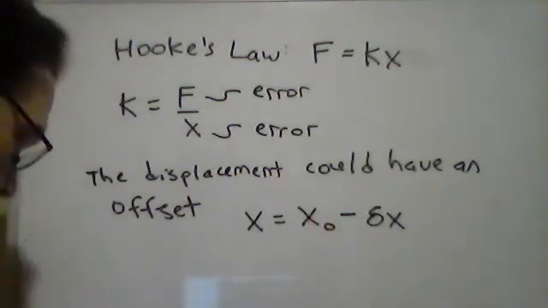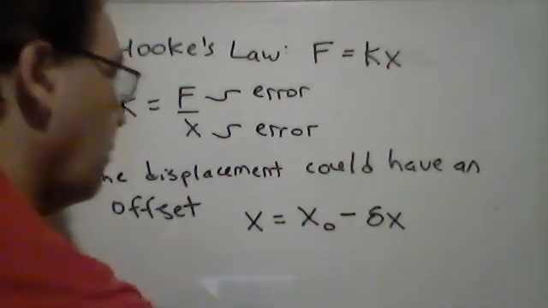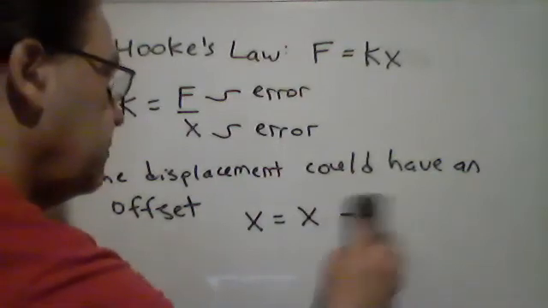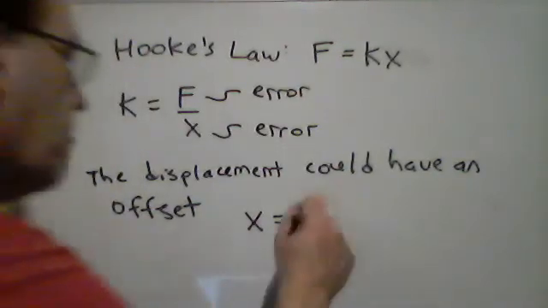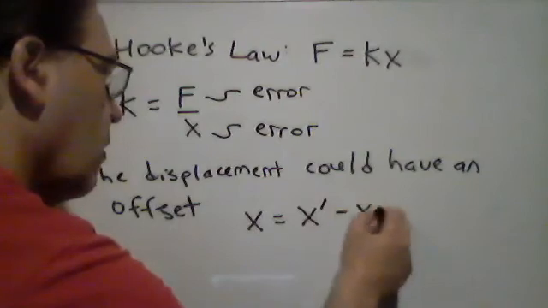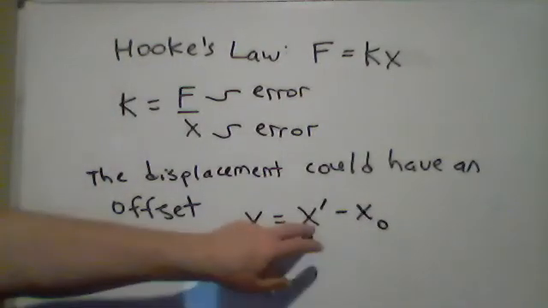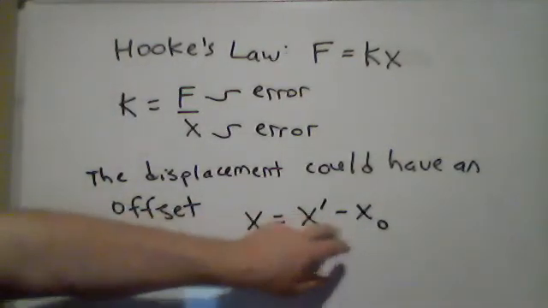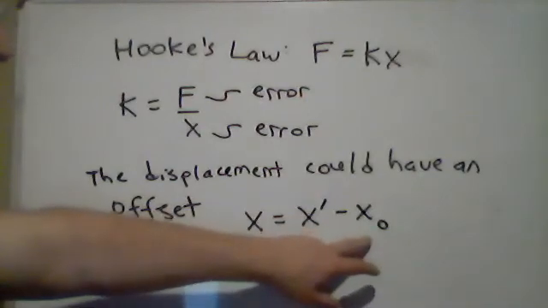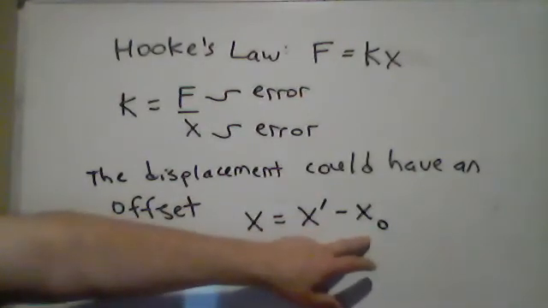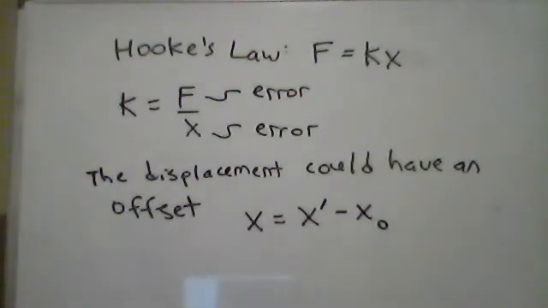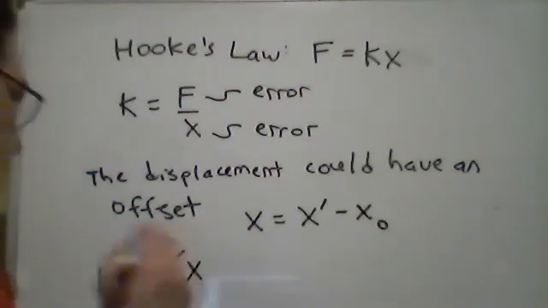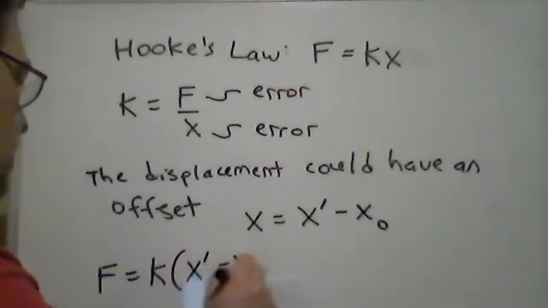So all of your values are off by some constant amount. Maybe there's something wrong with your experiment, something you're not taking into account. So in reality, my K is really going to multiply not X particularly, but X prime minus X naught.